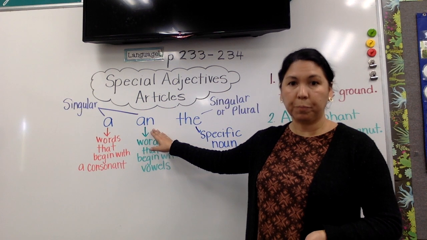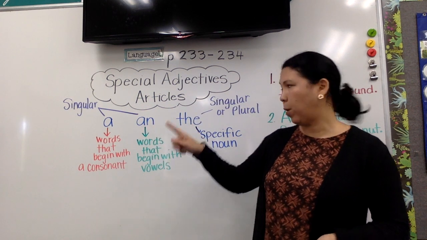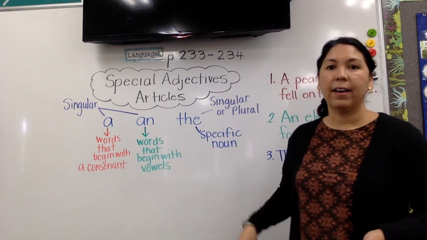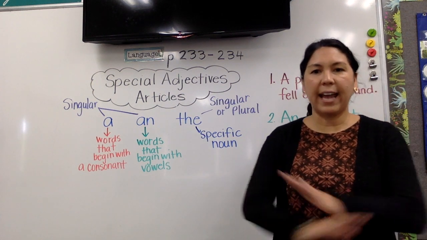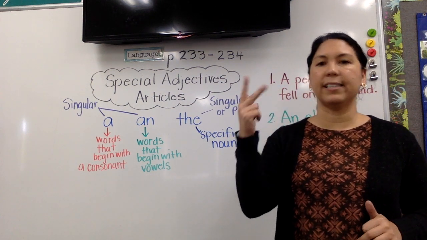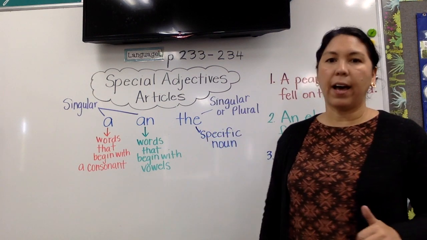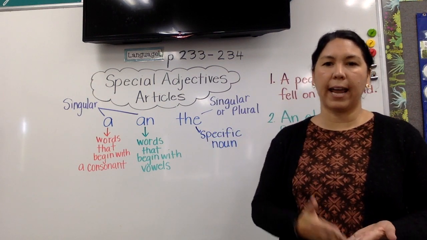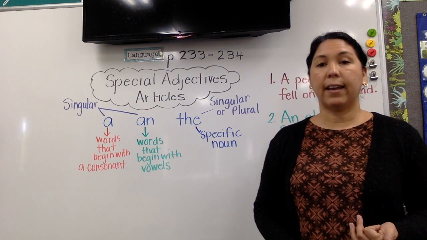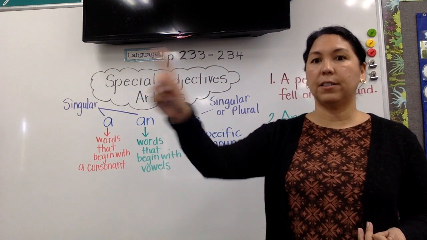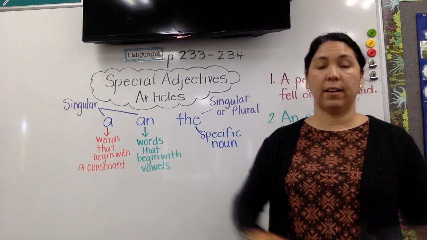Okay, that's the rule. Now, here's kind of the fun part with the. The can be used with any noun, singular or plural, and it doesn't matter what letter it starts with. The difference with the is you're naming a specific noun. So if I said, I saw a dog across the street, that's just any dog.